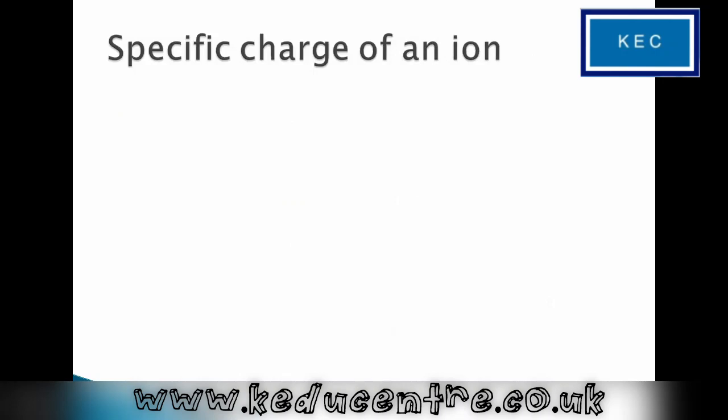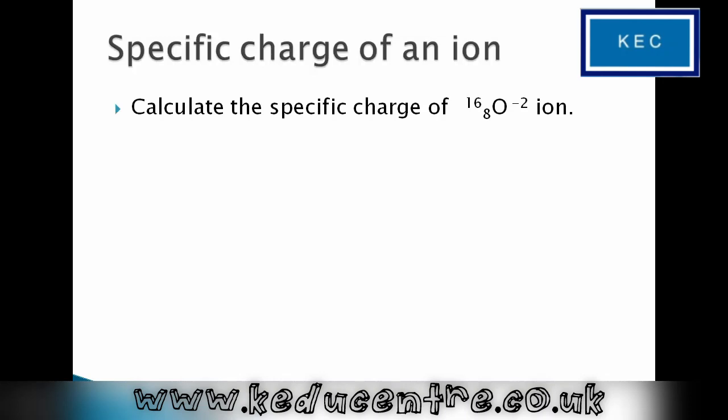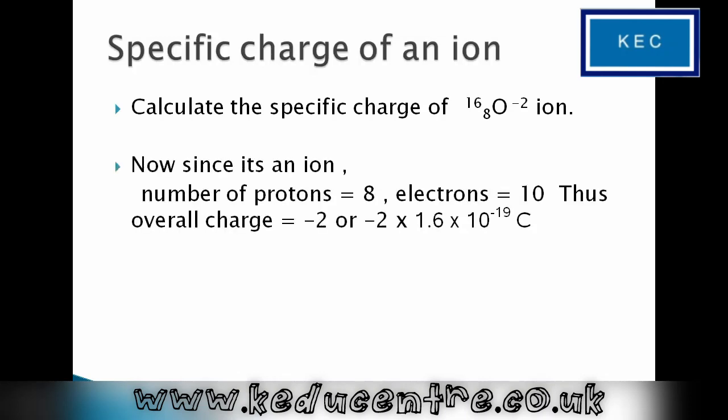Next, we're going to see how we find the specific charge of an ion. First of all, we have to understand what an ion means. An ion is an atom which has gained or lost electrons. Now let's try to find the specific charge of an oxygen ion. Since it's an ion, it has 8 protons and 10 electrons, thus the overall charge will be minus 2 into 1.6 into 10 to the power of minus 19 coulombs.